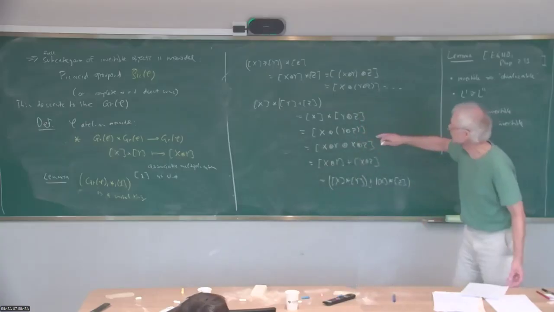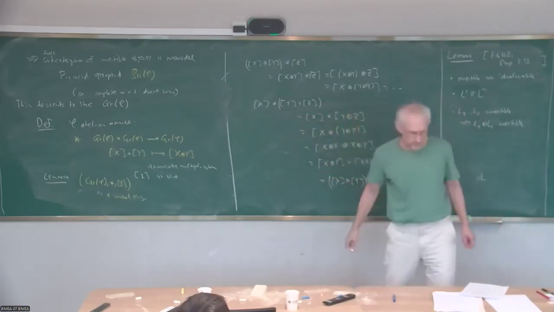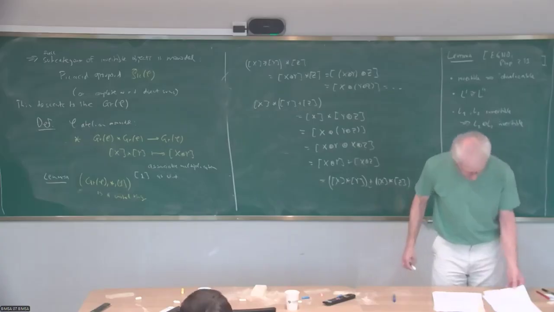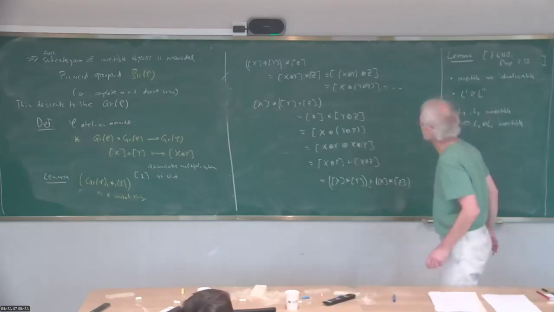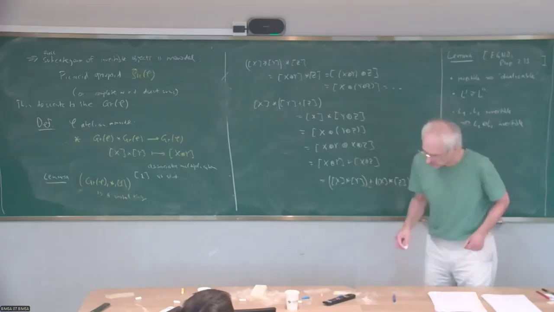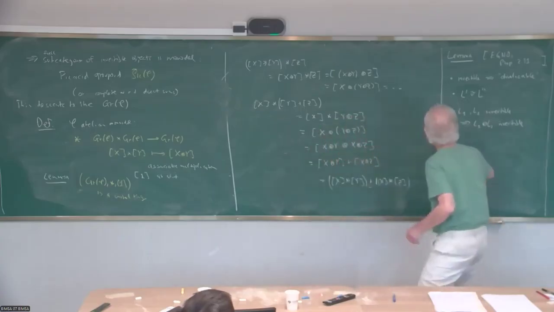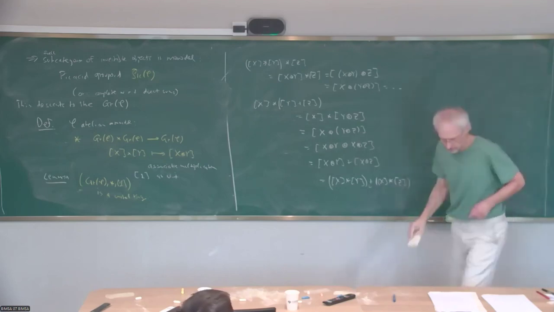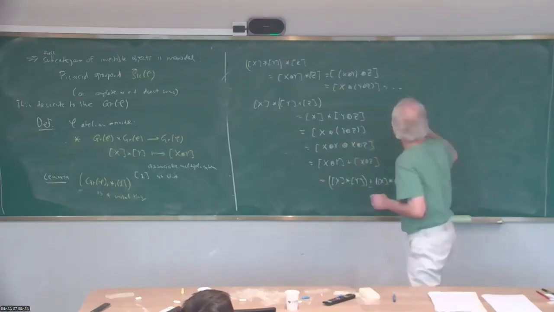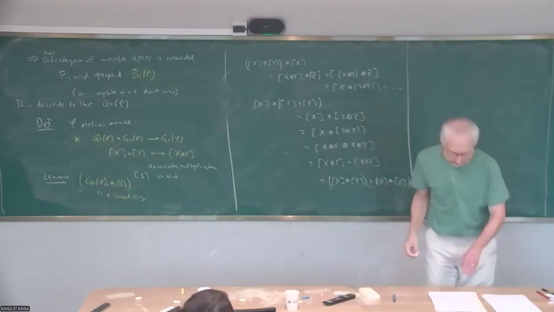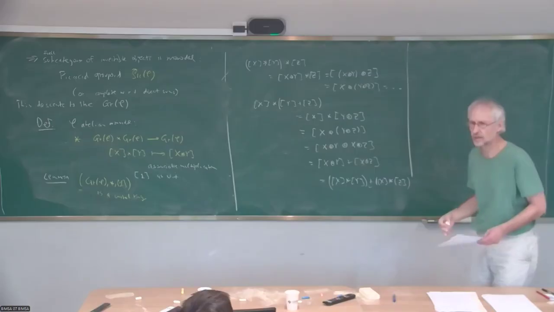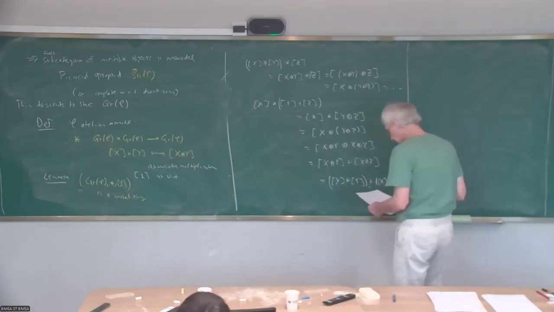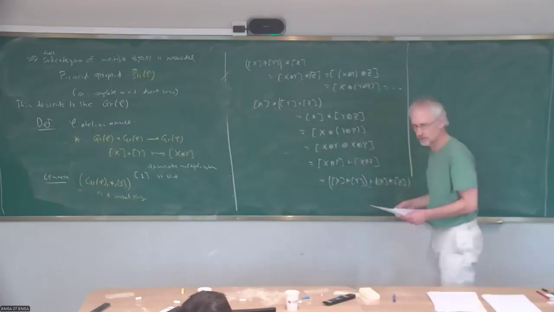So star distributes over plus. Also remember we had this choice of basis of the ring consisting of isomorphism classes of simple objects, in the semi-simple case.